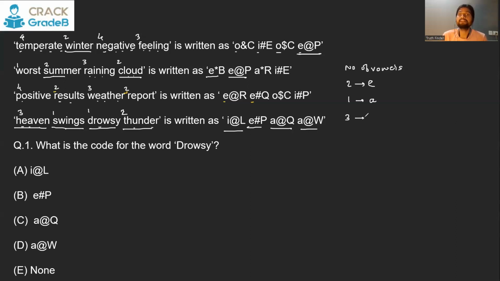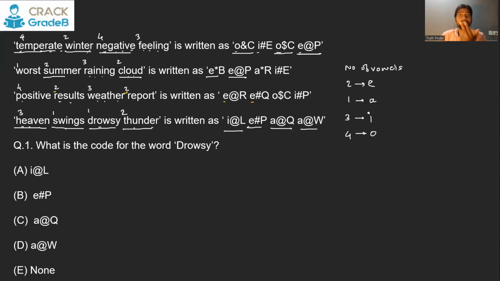So that means if any word has 3 vowels, it should start with I. And here, two words have 4 vowels each, and 2 codes start with O. That means if a word has 4 vowels, it should start with O. So this is about the number of vowels.